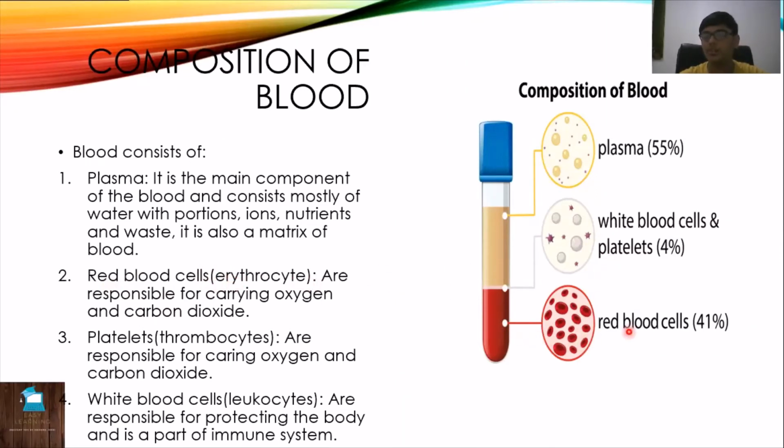It is the second most abundant component of the blood, 41%. Then next is platelets or thrombocytes, and the last is white blood cells or WBC or leukocytes. Platelets and white blood cells together form 4% of the blood.